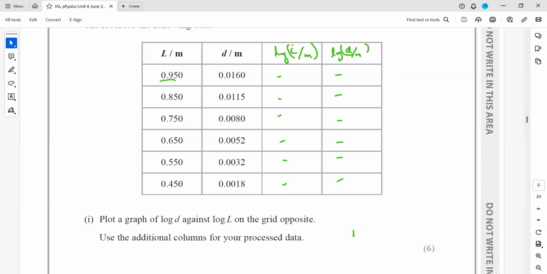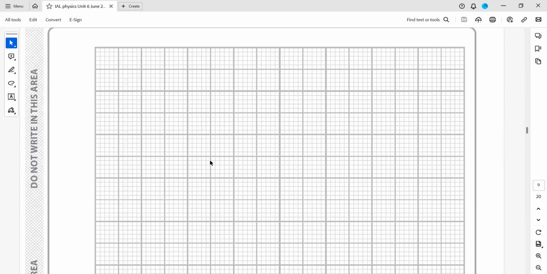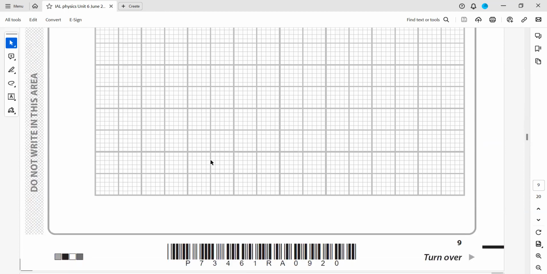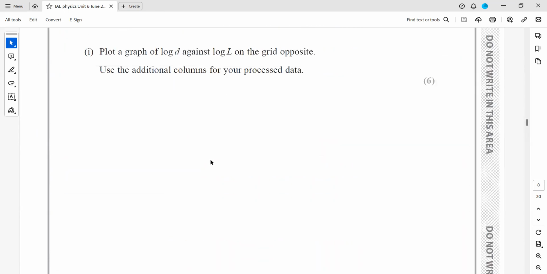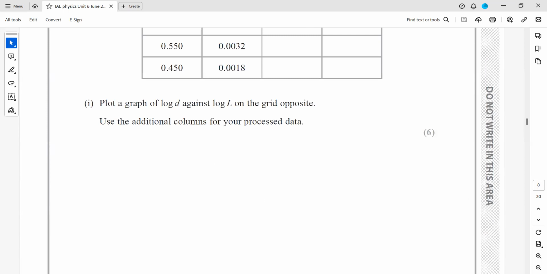Then we have to plot a graph of log d against log L. So we have to use a negative y-axis and a negative x-axis. They mention here log d, so where will we plot this on the opposite grid?